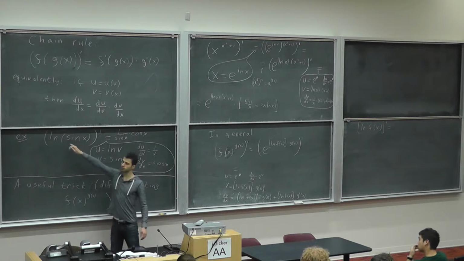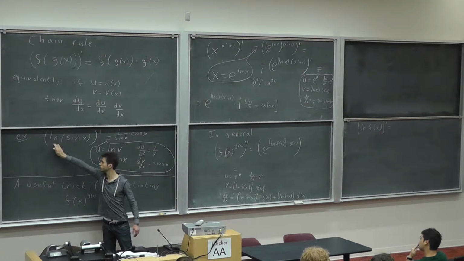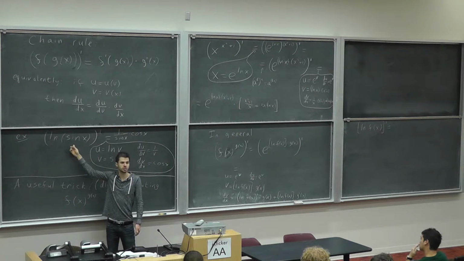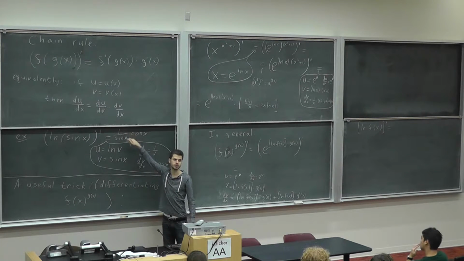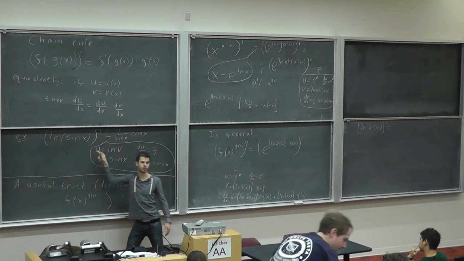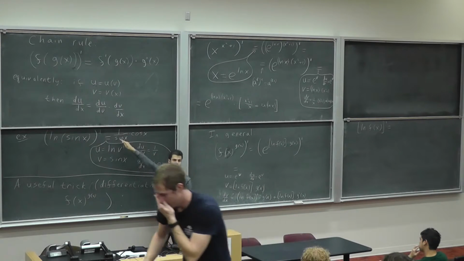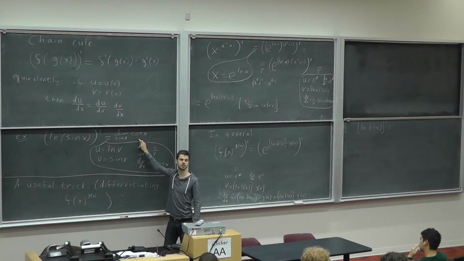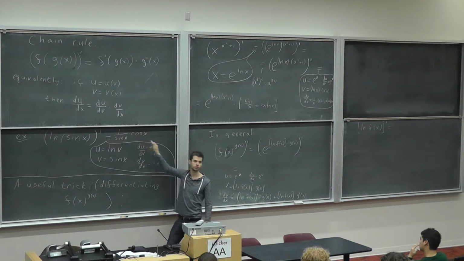Exactly. So, like we had here, we had logarithm of a function that depends on x. Well, we couldn't just say that the derivative is the derivative of logarithm. It's not just 1 over f of x. It's not just 1 over whatever was inside the logarithm. It's 1 over whatever was inside the logarithm multiplied by the derivative of whatever is inside the logarithm. The chain.